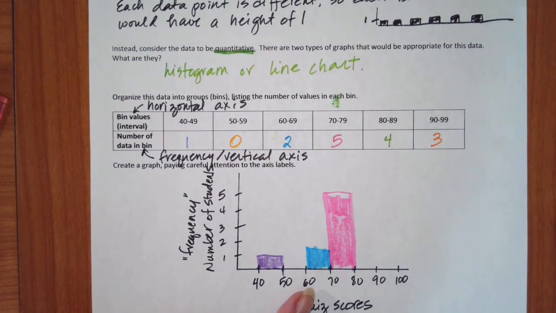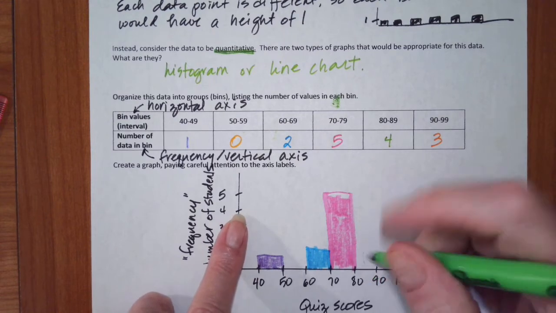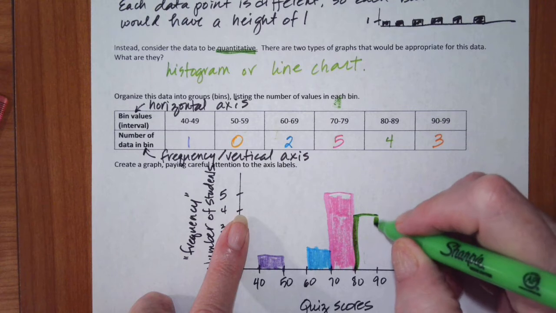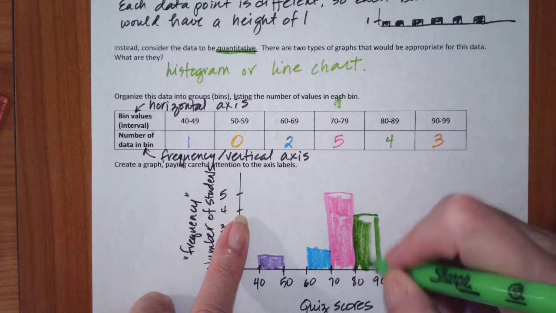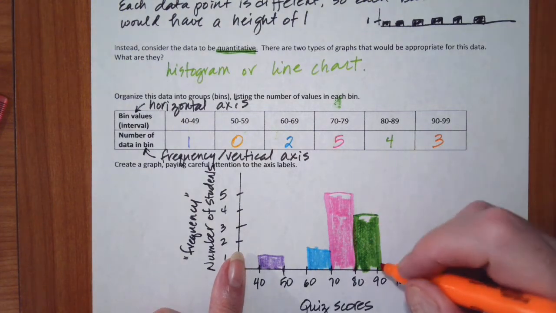Okay. 80 to 89, there are 4. And finally, 90 to 99, there are 3.